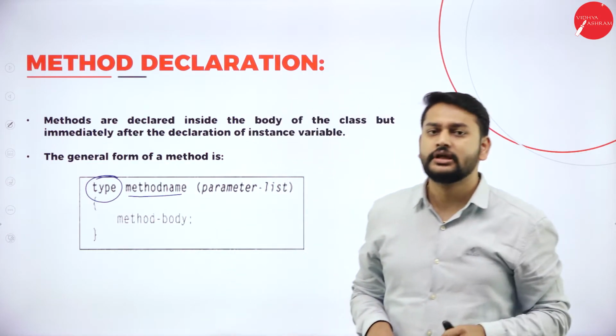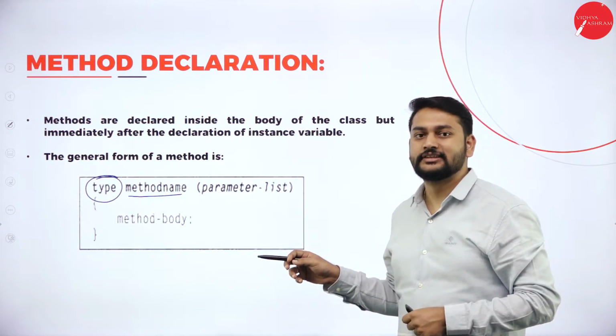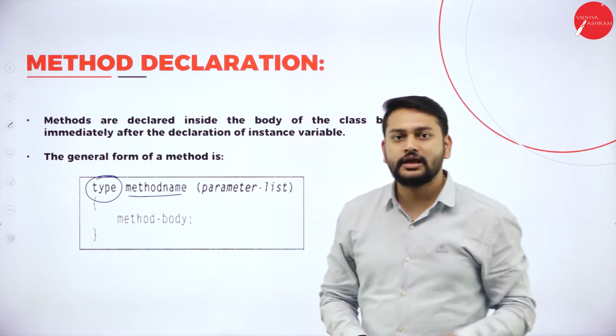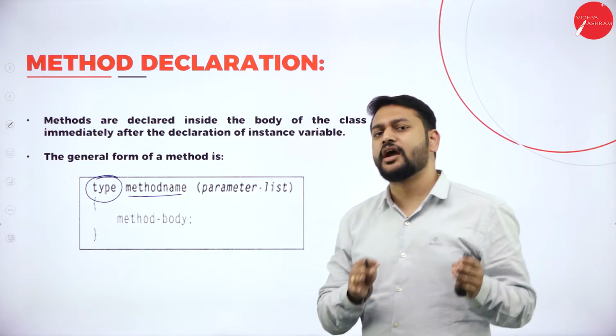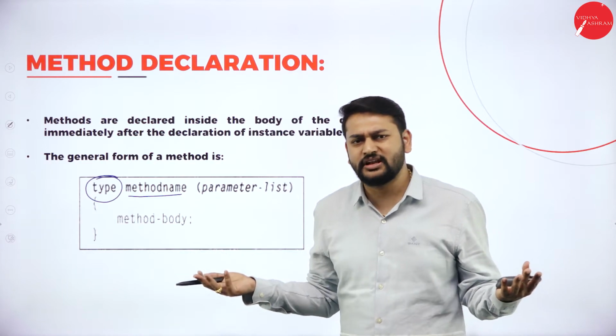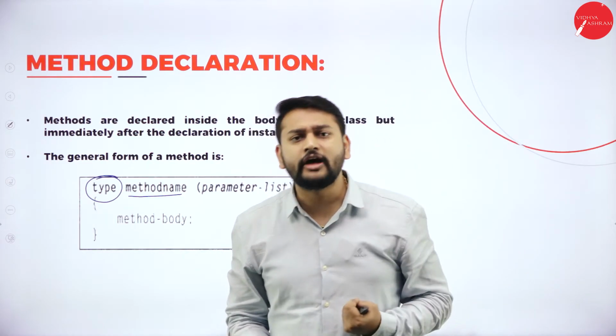I will show you an example for this, but I want all of you to write down the syntax. It's a humble request from my side, darlings. The first is the type, and the second is the method name. Just like you have the class name, in the same way you have the method name. Why do we need names for everything?